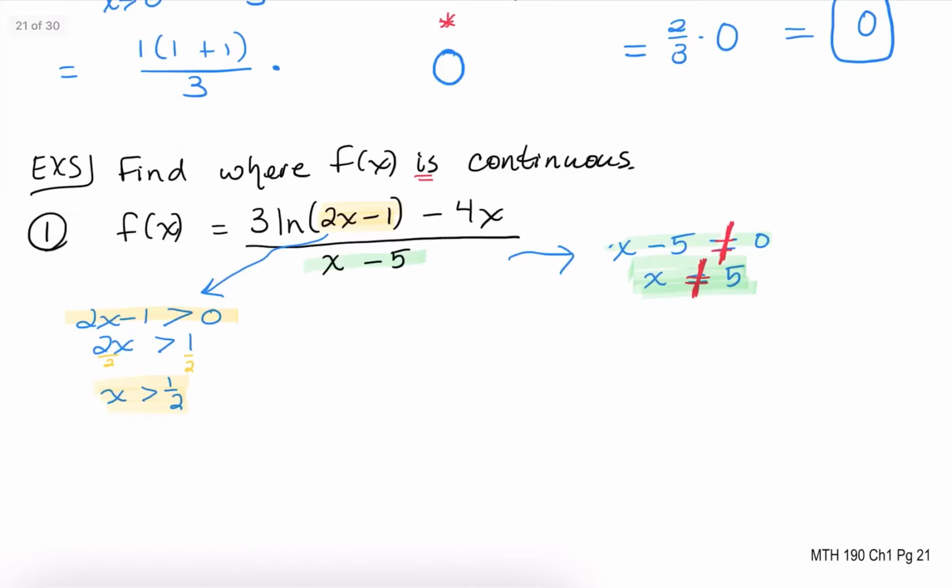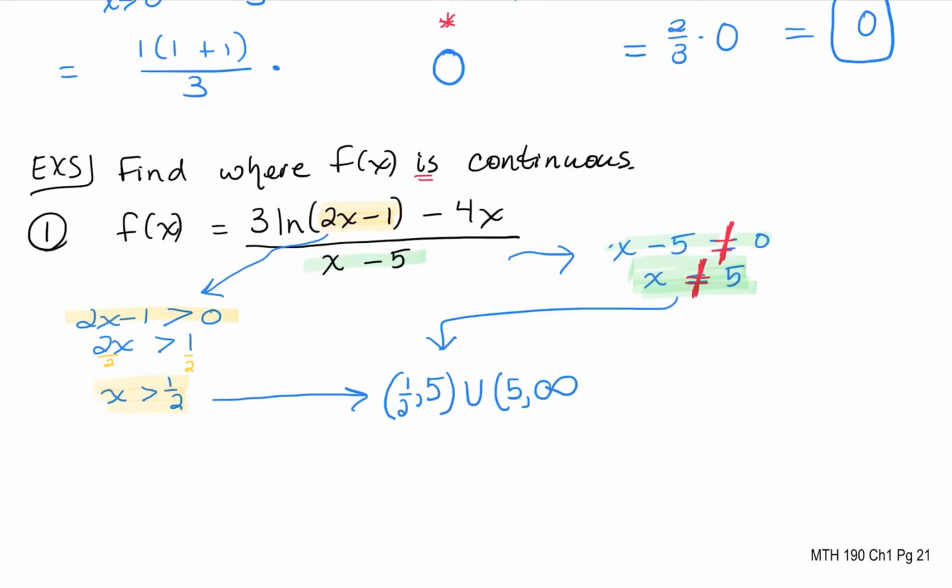So bringing both of these pieces together, where the function is continuous is going to start at 1/2 with an open parenthesis, strictly greater than, to 5 parenthesis, to throw out the 5, union, picking up at 5 and then going to infinity. So this is where f would be continuous.